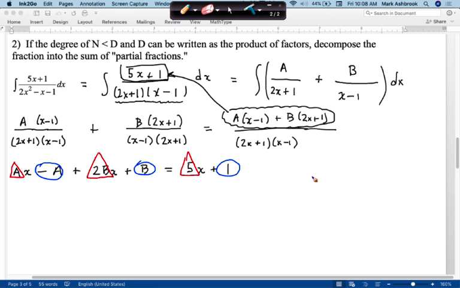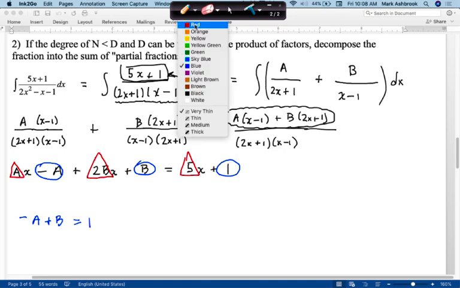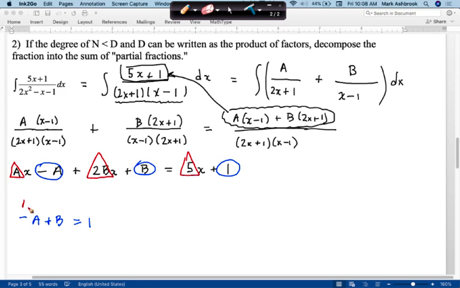The coefficients of x on the left have to add up to 5, and the constant terms have to add up to 1. So that means that minus A plus B equals 1, and A plus 2B equals 5.